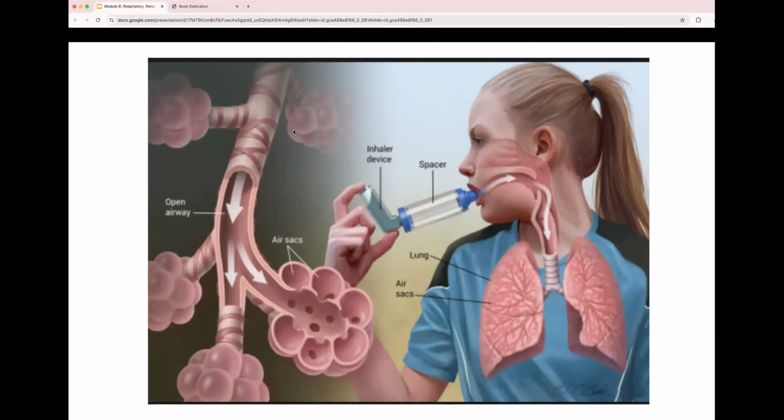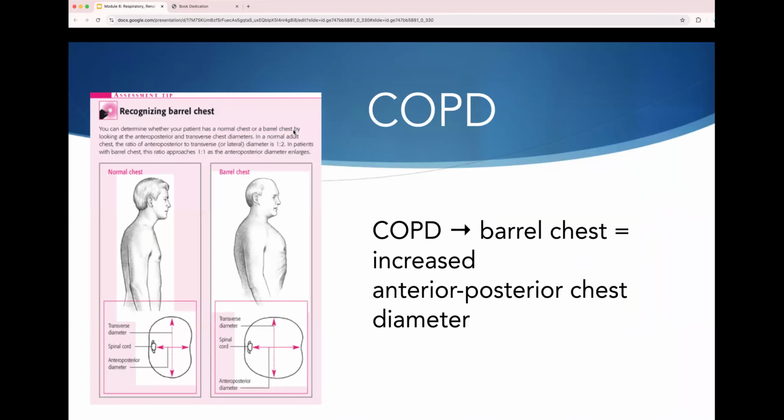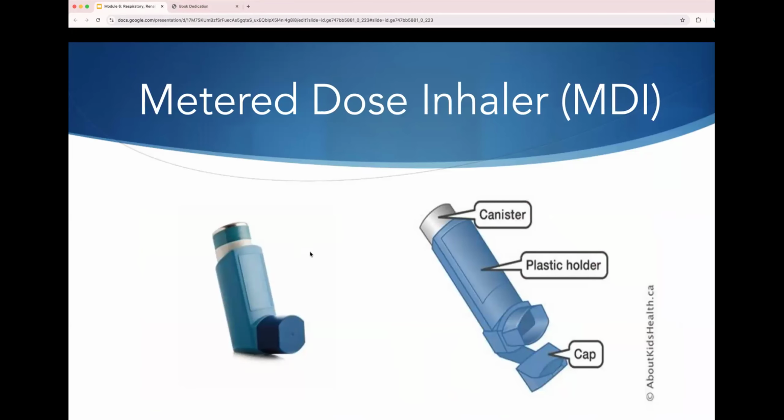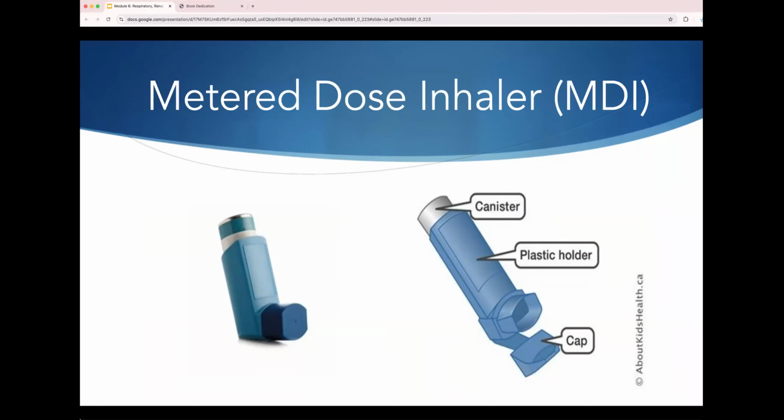Something else we're going to talk about is a metered dose inhaler. You've seen these all the time. These are what we call metered dose inhalers. This is one of the ways we deliver medication to the patient into the respiratory tract.